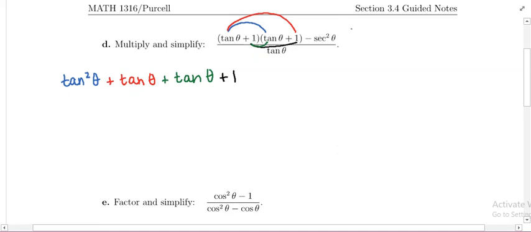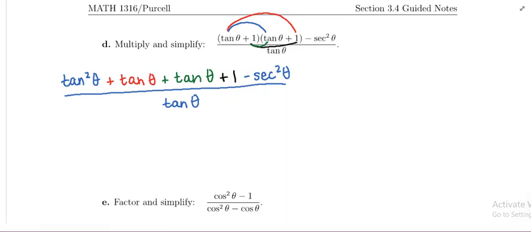Now we also can't forget about the minus secant squared theta in the numerator, so we need to attach that on to here. The bottom we haven't touched. We're going to leave it as tangent of theta. Now remember from algebra class, you can't just say, oh, I've got a tangent theta in the top and one in the bottom and I can just cancel these.